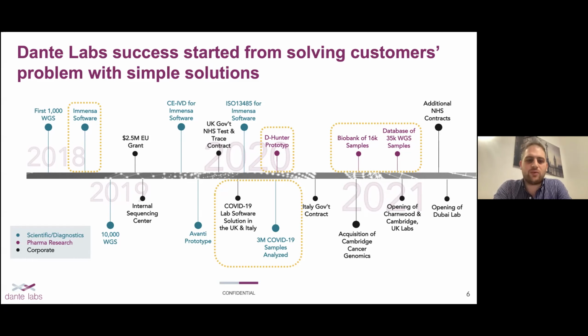And here is where we realized that we had to build our internal sequencing center. Here we drove our investment into Italy, where from a small office on the third floor, we decided to invest in a 1,000 square meter lab, CLIA accredited and ISO 15189 accredited, for performing the analysis on our own.